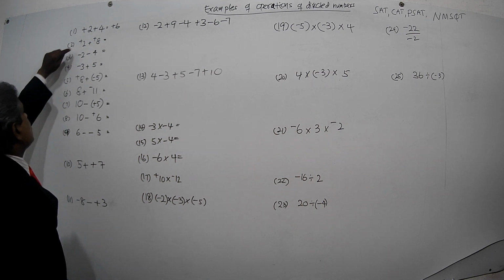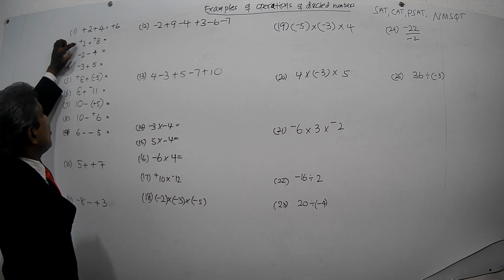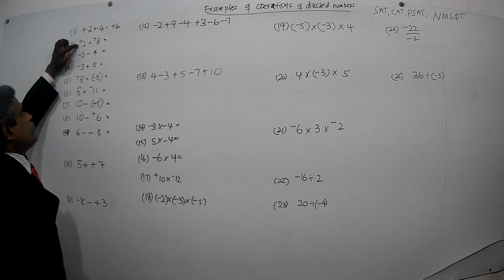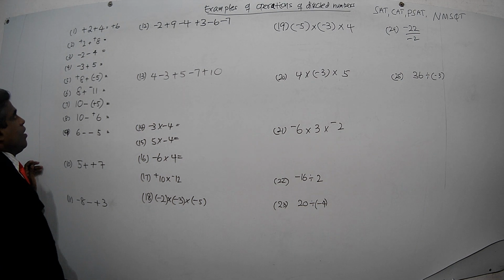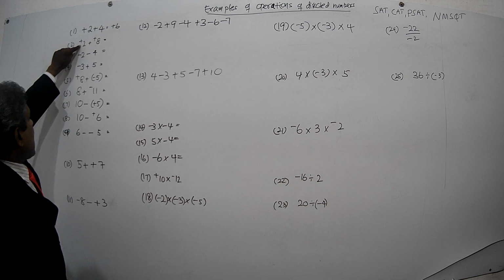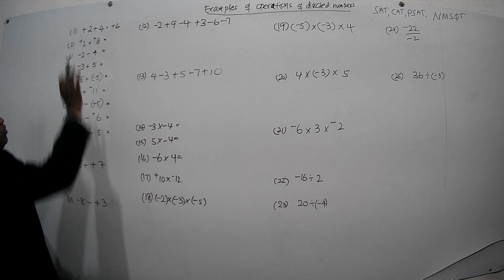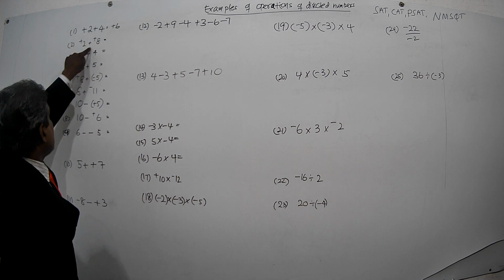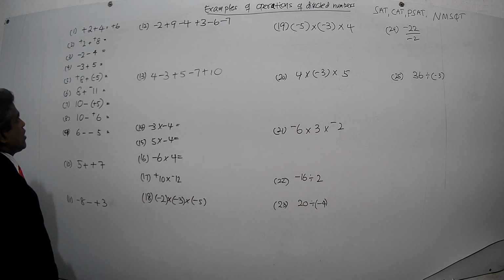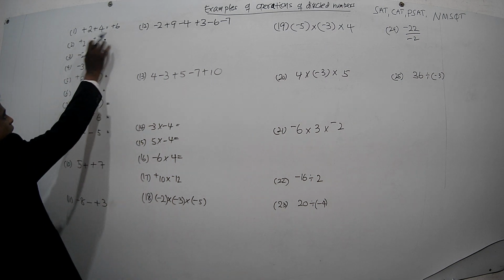Next one. Second question: here the sign of 2 has been put diagonally, not horizontally in line with 2. This is also one way in which the direction of the number can be shown. This is nothing but plus 2. Here also the sign of 8 has been placed diagonally, so this means nothing but plus 8.